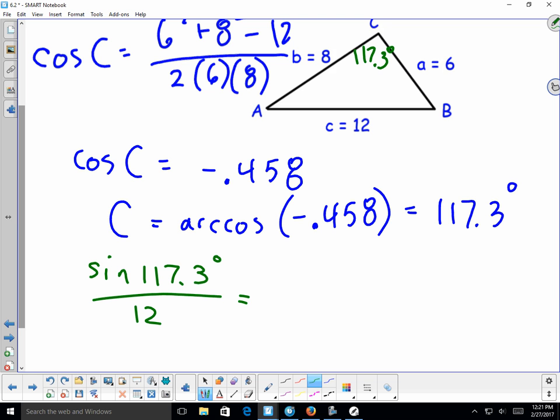I don't think it matters at this point, but you might want to keep going with the largest. So sine of A over 6. Go ahead and cross multiply and solve here.